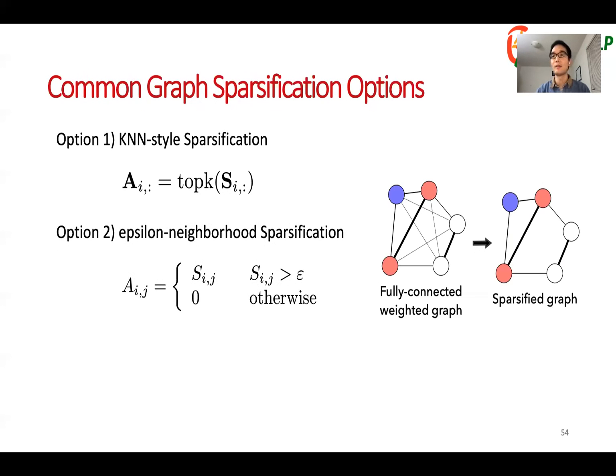For epsilon-neighborhood sparsification, those elements in the similarity matrix which are smaller than a non-negative threshold epsilon are masked off. Besides explicitly enforcing the sparsity of the learned graph by applying a certain form of threshold, sparsity can also be enforced implicitly in a learning-based manner. For example, one can apply a certain form of graph regularization to the learned adjacency matrix.